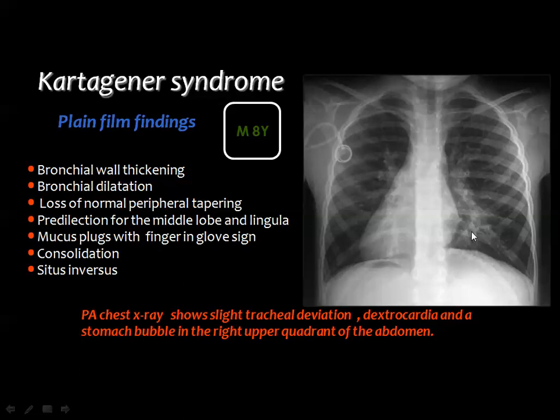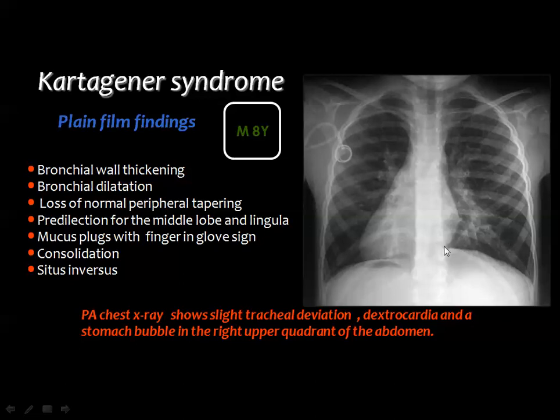I usually say that the only type of bronchiectasis that can be diagnosed from the plain X-ray is the cystic type, since you can see the cystic changes in the bronchi and sometimes you detect air-fluid levels within. But the fusiform bronchiectatic changes are usually difficult to appreciate on the plain X-ray.